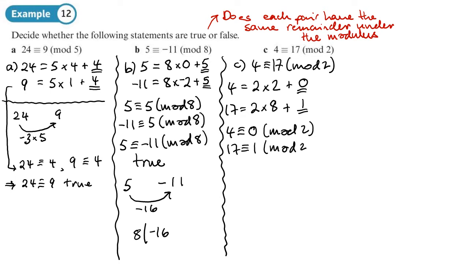So they're not equal to each other. So 4 is not congruent to 17 in mod 2. The statement is false.